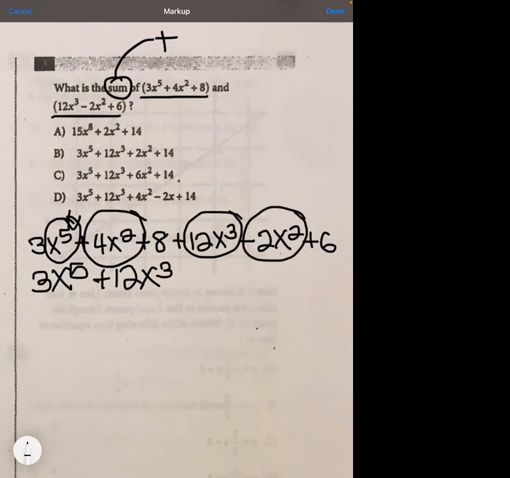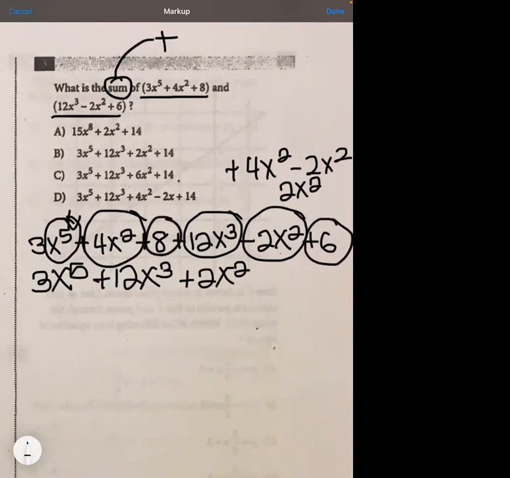Positive 4 and negative 2 give us 2x squared, so we bring that down. Of course, we are left with numbers without any unknown values, so we just need to combine 6 and 8, which gives us 14. So this matches answer choice B.